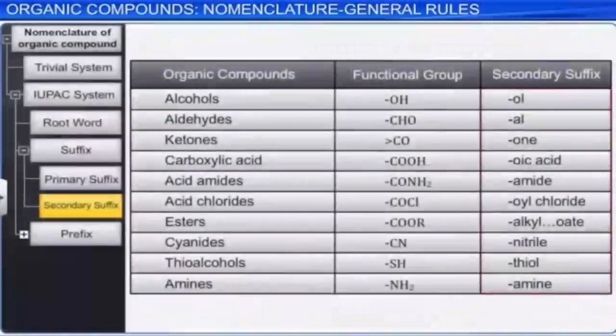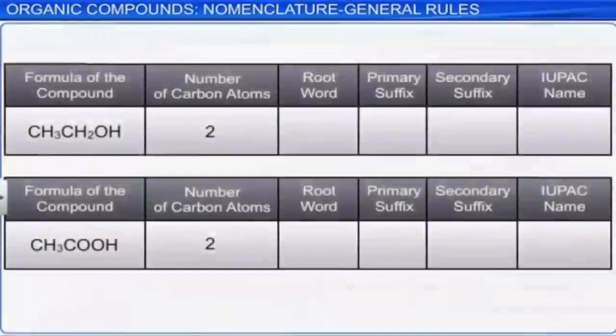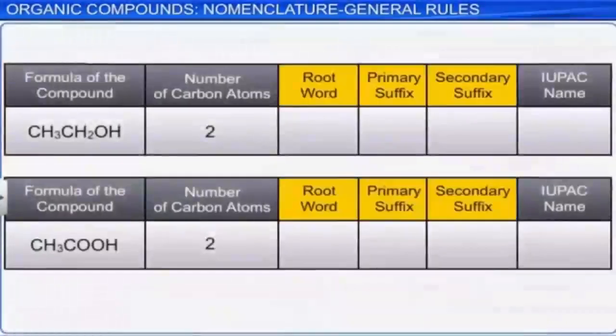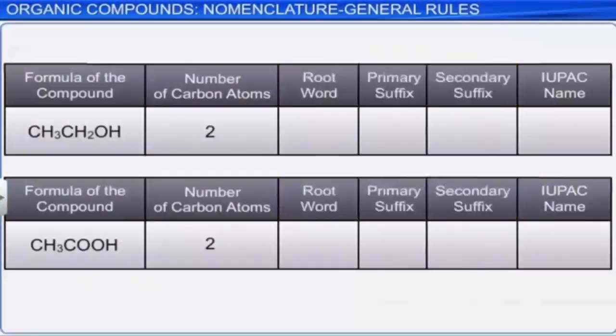A secondary suffix indicates the nature of the functional group present in a compound. Thus, the 3 components can be combined to form part of the compound name. For example, the root word eth, primary suffix ane, and secondary suffix ol all together form the IUPAC name ethanol.